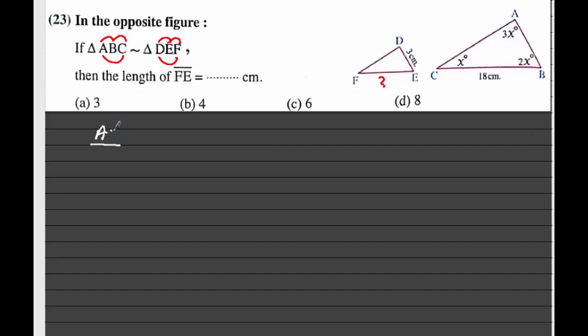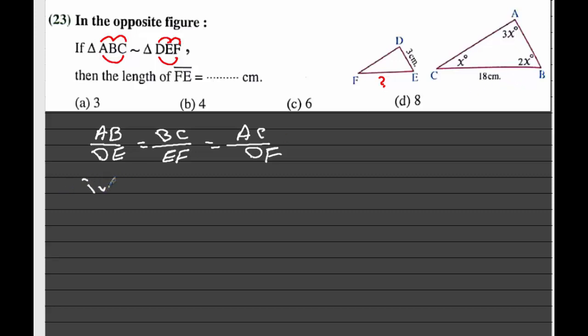So AB over DE equals BC over EF equals AC over DF. Right. Okay. Now we wanted to know the length of AB.